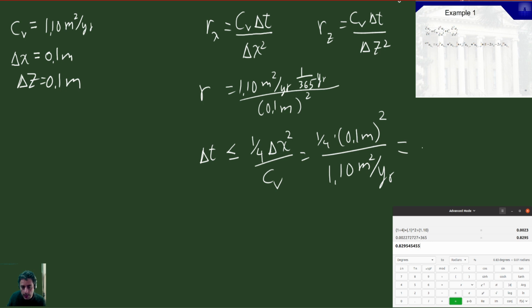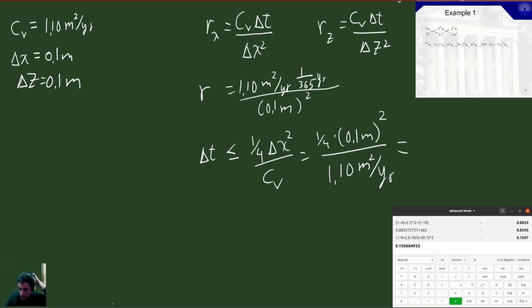I will use half a day. So if we use a half day for delta t, our R value will be 1.10 times 0.5 over 365 divided by 0.1 meter squared.